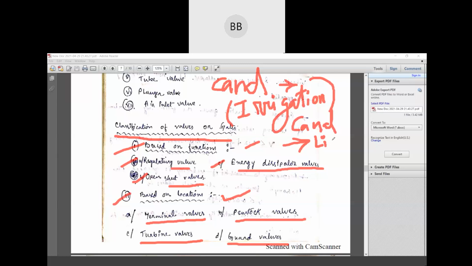So first you write lining of canal. Second is maintenance of canal. And third is losses of canal. And fourth is classification.